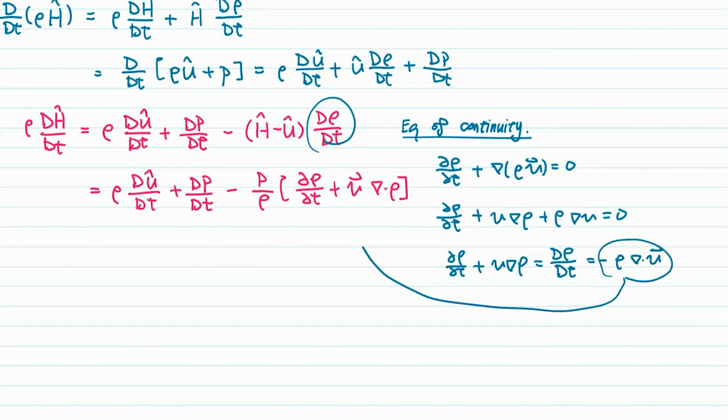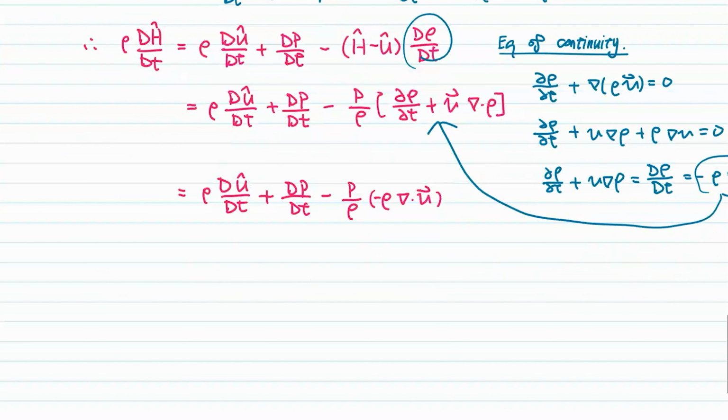So substituting this in here, we now have rho times the substantial derivative of internal energy plus the substantial derivative of pressure minus p over rho times negative rho gradient of v.